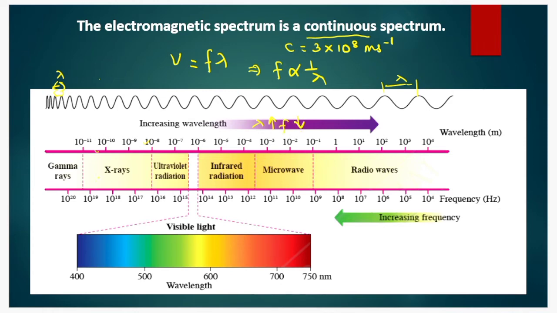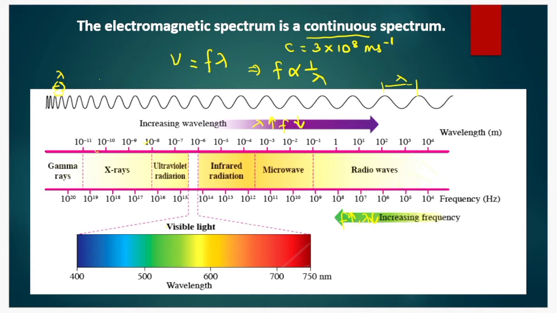When lambda increases, frequency decreases. Same thing when we discuss about frequency. From radio waves to gamma rays, frequency increases and wavelength decreases.